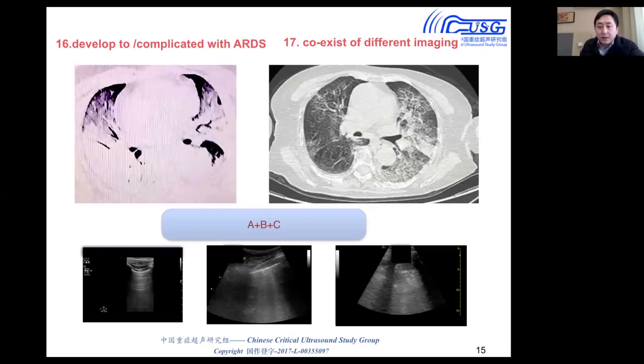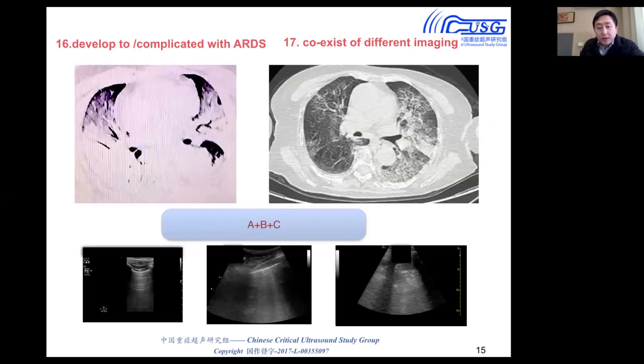We found in the later stage, as you see in the left picture, we see consolidation, many infiltrates and normal areas of the lung, but in the right picture of the slide, the diffuse interstitial exudation corresponds with CT.